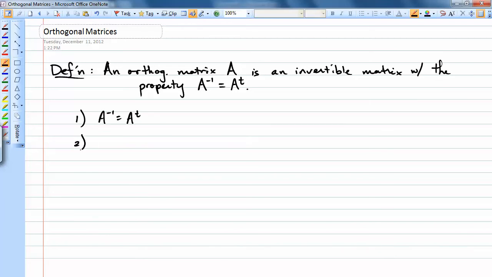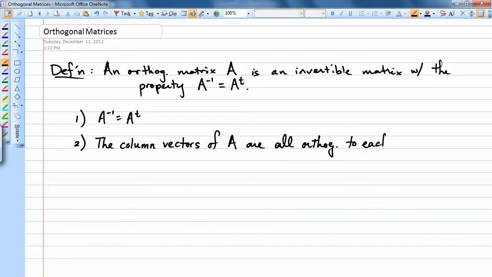It turns out you can use that to prove that the column vectors of A are all orthogonal to each other, and each column vector is a unit vector too, so magnitude 1.